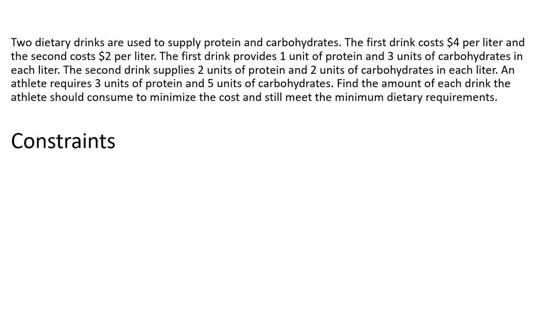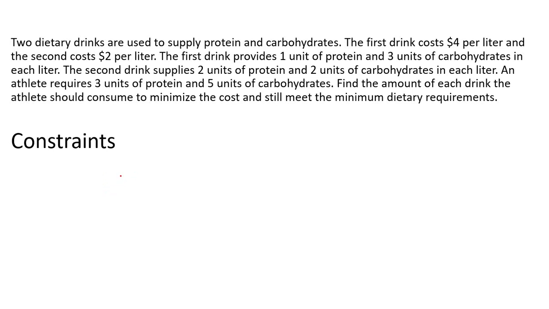We proceed then with the different constraints. So the first drink provides 1 unit of protein and 3 carbohydrates, while the second drink supplies 2 units of protein and 2 units of carbohydrates in each liter.